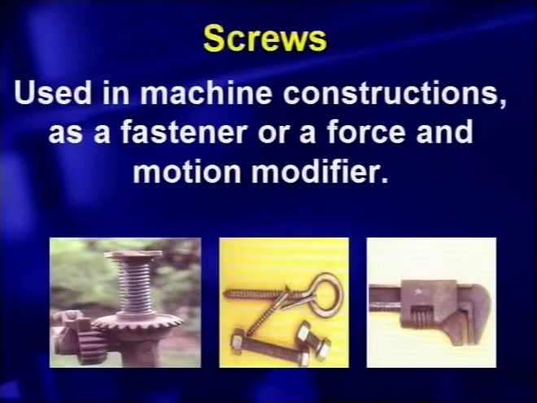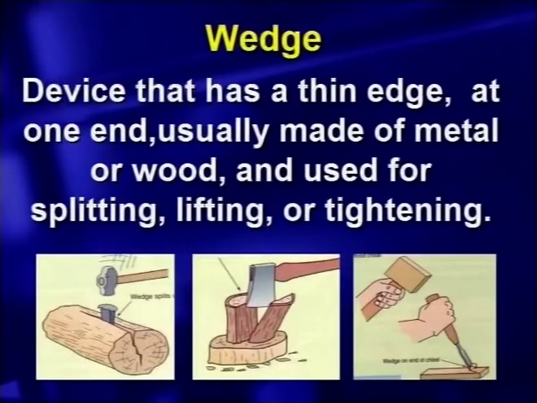Now, so far, we have looked at 5 simple machines. Earlier, I said 6. So our last type of simple machine is called a wedge. We have samples of those.